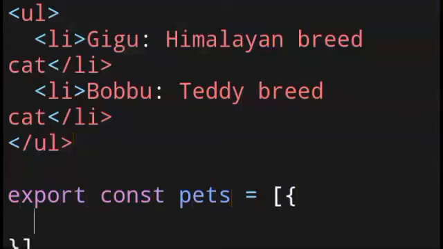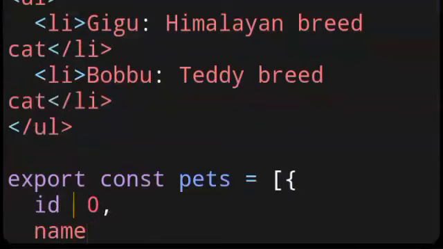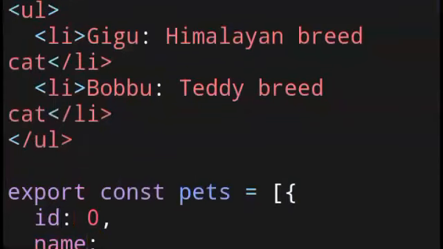So I make a component called const pets. Export const pets. Now I use these values in my component. The pets have these properties, like an object. ID is one of the properties.